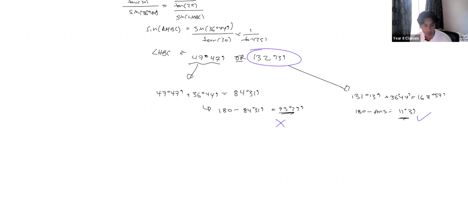The next one's going to be more of a trig equation type question. I'll get Shruti to work with me on this one.